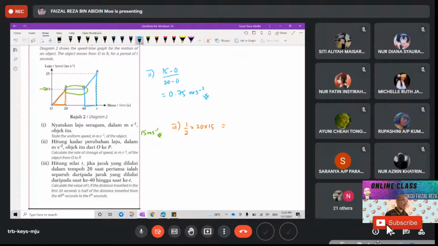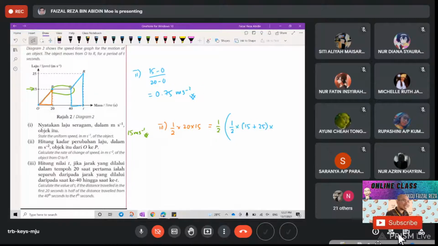So this one is half, which means it's going to be half of our trapezium over here. For the trapezium, it's 1 over 2 times our parallel lines, which is 15 plus 25, times our base, which is going to be t minus 40. That's going to be right.